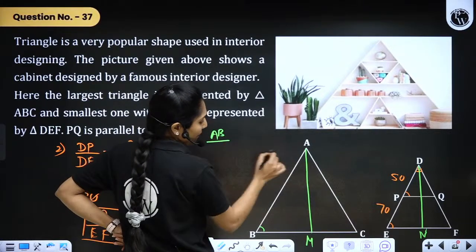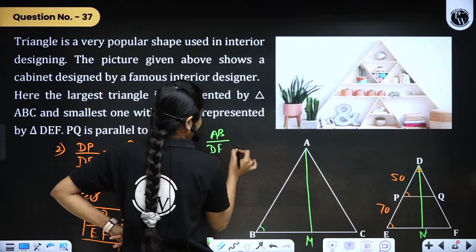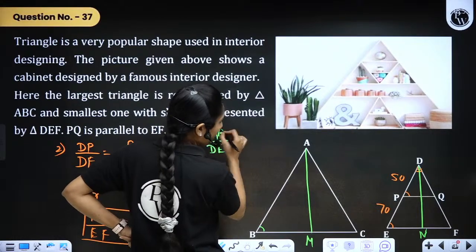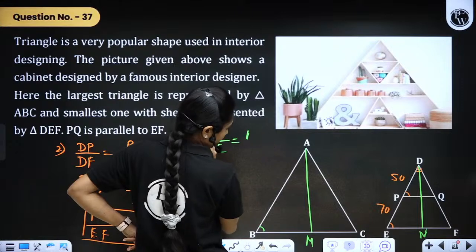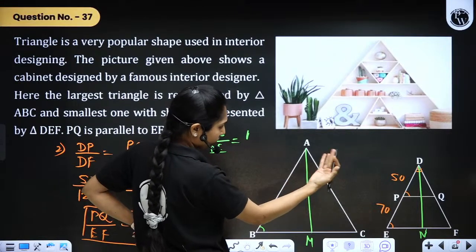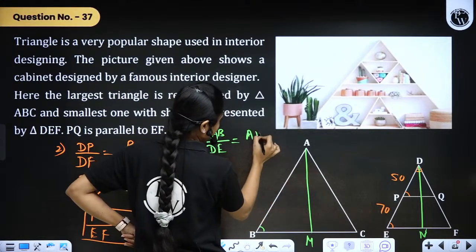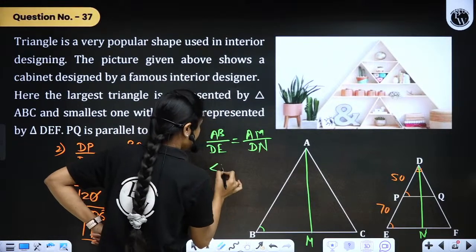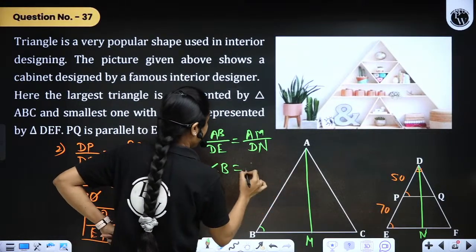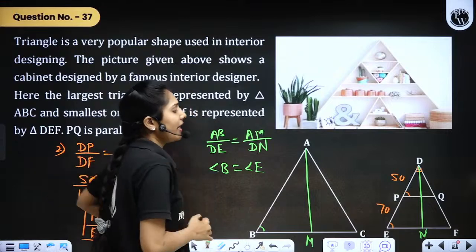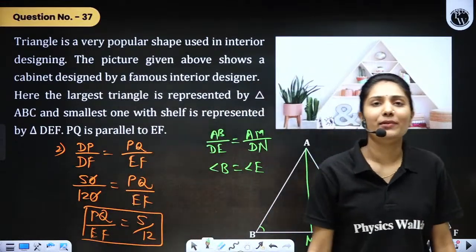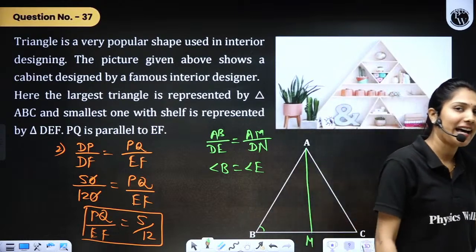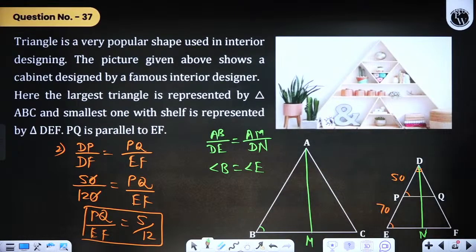AB upon DE is equals to BM upon, or I can say AM upon DN. And angle B is equals to angle E. That's why these two triangles are similar. And this one is done here.